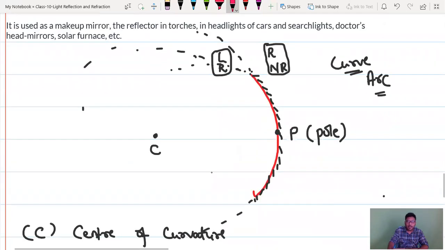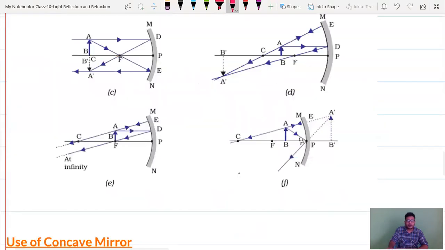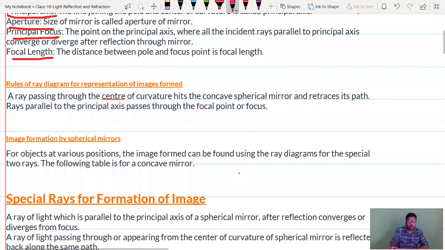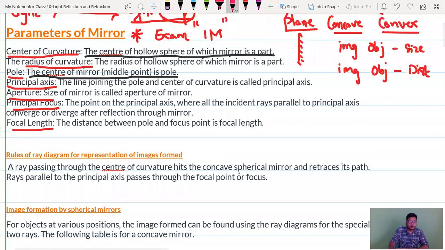Now, guys, in between center of curvature and pole, exactly at the middle of C and P, there will be a point called F. F stands for focus. Now, let us see the definition of focus. Here, you can see this principal focus.